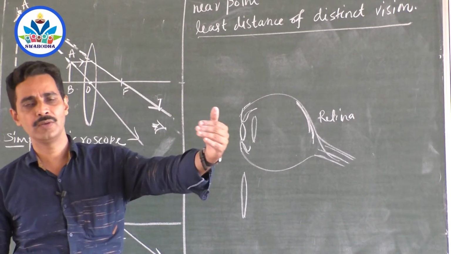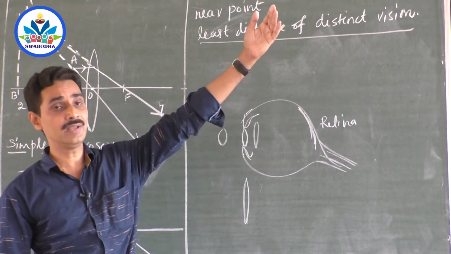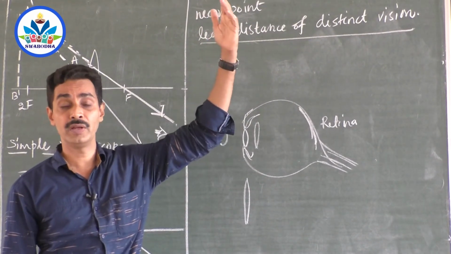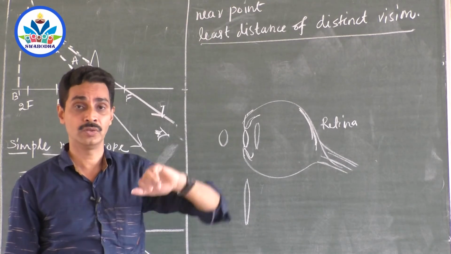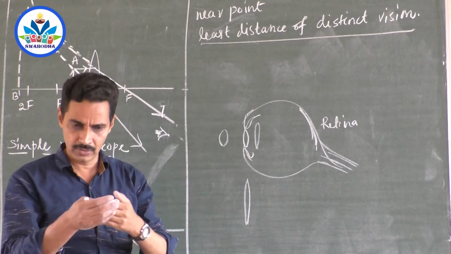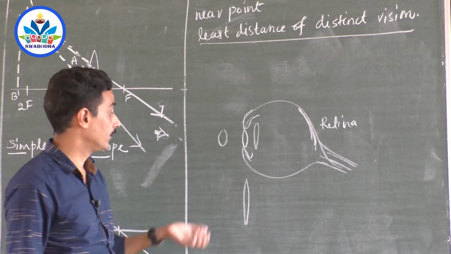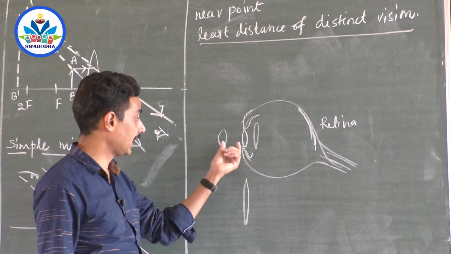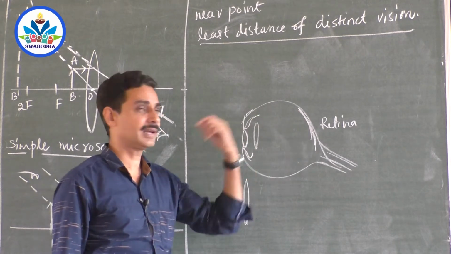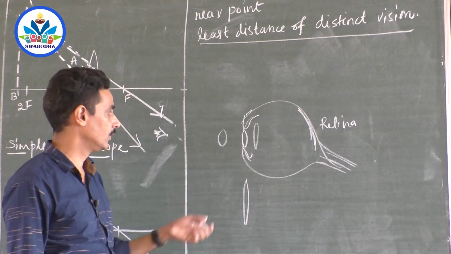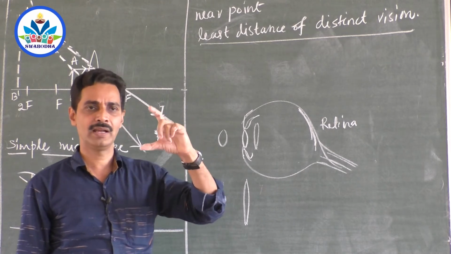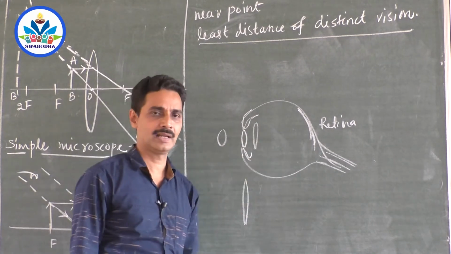You may be looking into a very close tree or a very far away hill or stars, moon, very very far away distant objects also, or very closely spaced objects also. All the objects, when they are seen from the eye lens, the image should be formed on the retina only. So who will adjust now? The lens itself has to adjust its focal length so that the image is always on the retina.